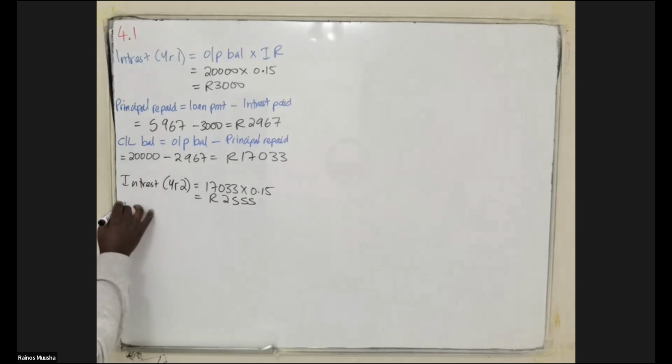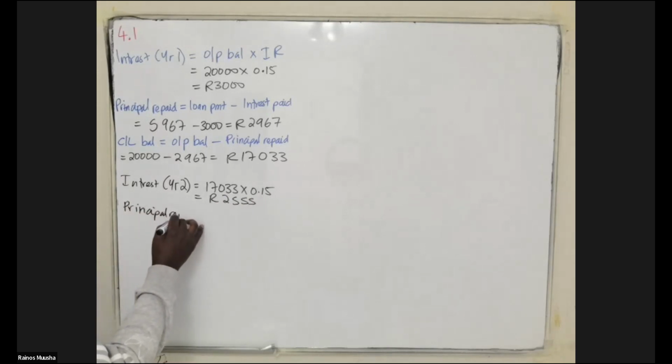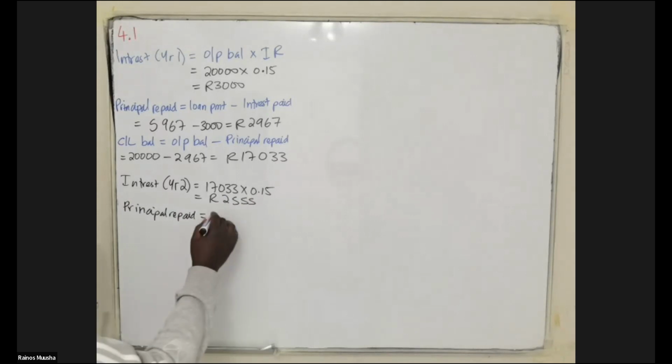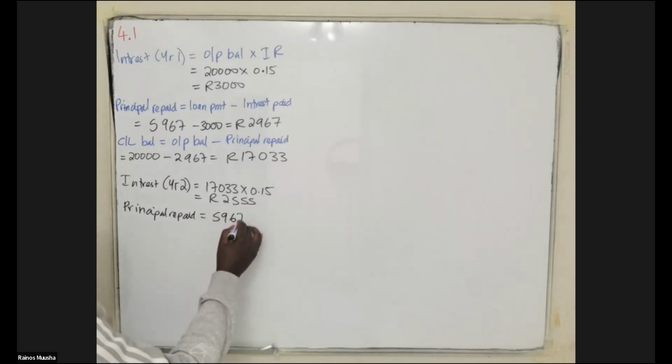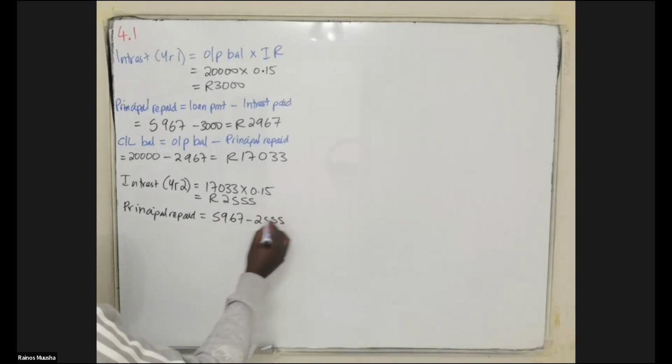Then your principal repaid is equal to the loan payments of 5,967 minus the interest payment of 2,555.